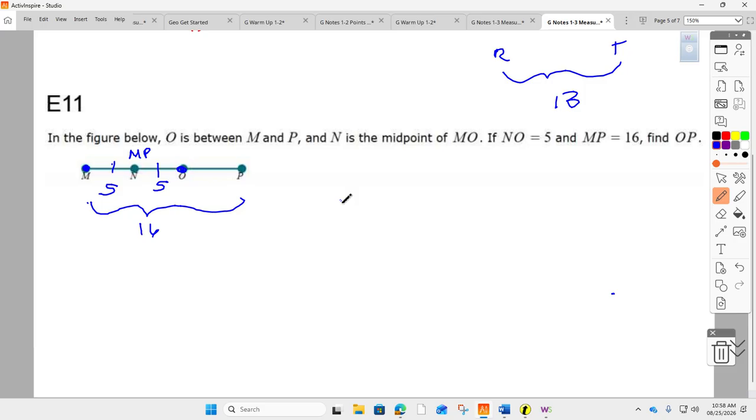When you're taking the whole and subtracting the parts, in this case we have 2 parts we have to subtract, right? And they're the same. So we can subtract 2 times 5, which is 16 minus 10, which would tell us that OP is 6. Good job.